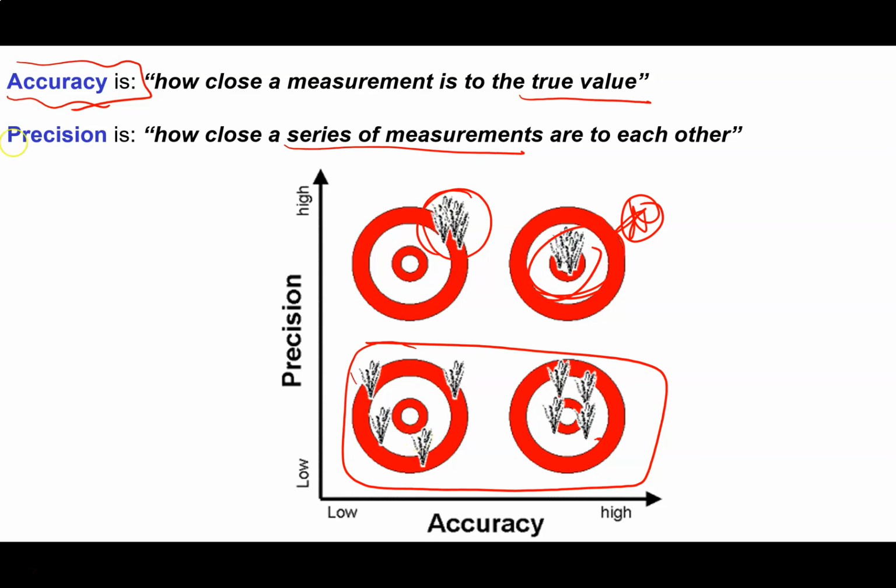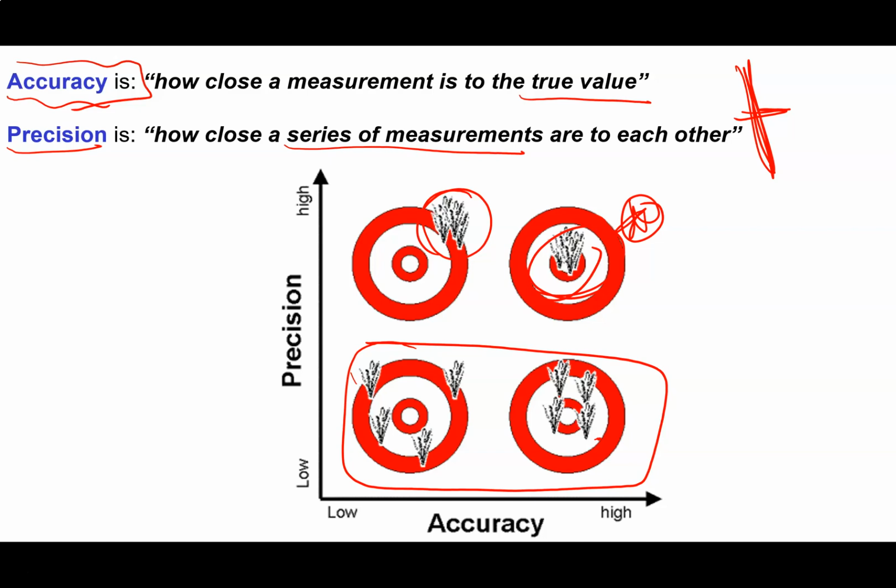So that's kind of how it is, right? Now, often in a lab, you're asked to comment on accuracy and precision, and it is very important that you consider these definitions. You can't really just say, oh, it's pretty accurate or it's pretty precise.